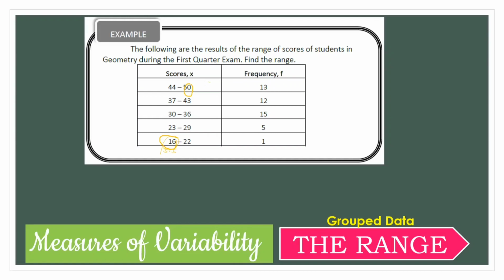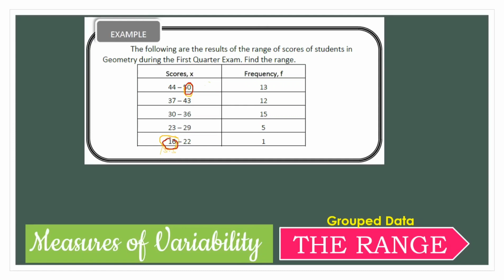The upper limit of the highest interval is 50 and the lower limit of our lowest interval is 16. How do we get the exact boundaries?